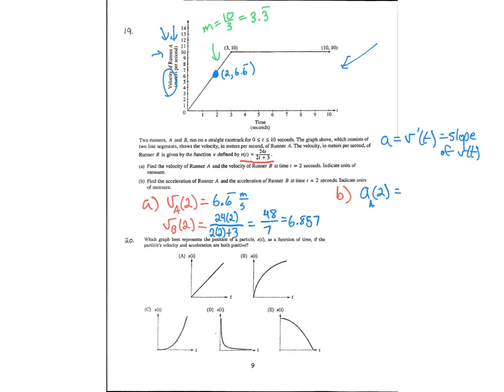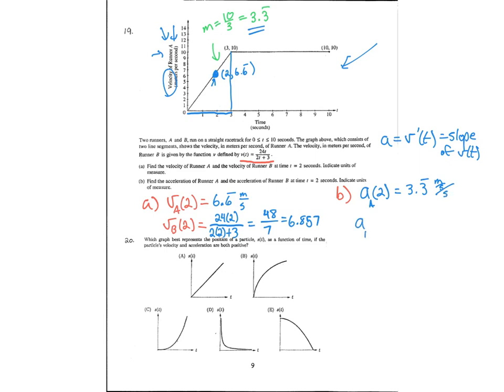The acceleration of runner A at t equals 2 seconds is the slope of this graph at t equals 2, and we found that from the previous example: 3.3 repeating, because the line goes over 3 and up 10, so 10 divided by 3, and we get 3.3. And that would be measured in meters per second.